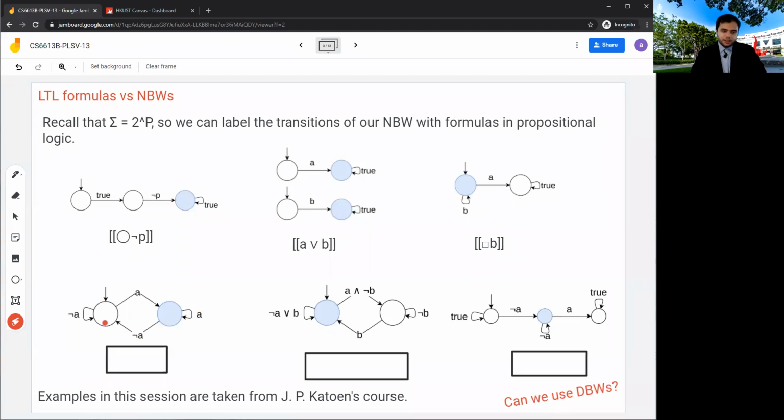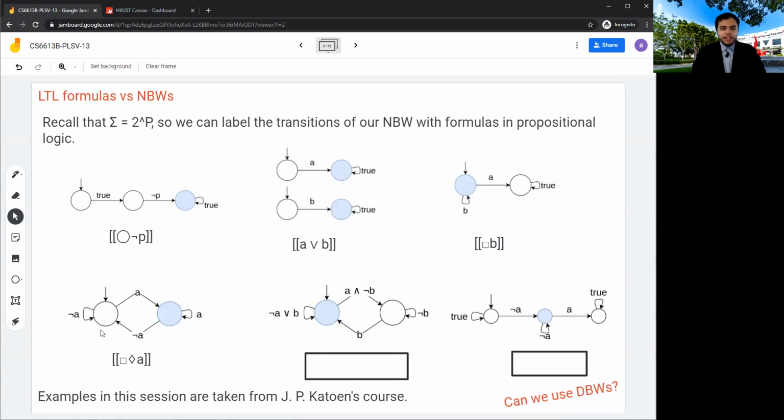But as soon as A is not satisfied, we go back left, and we remain in the left state for as long as A is not satisfied. Okay, so one answer in chat is always eventually A. That's absolutely correct. So it's always eventually A.